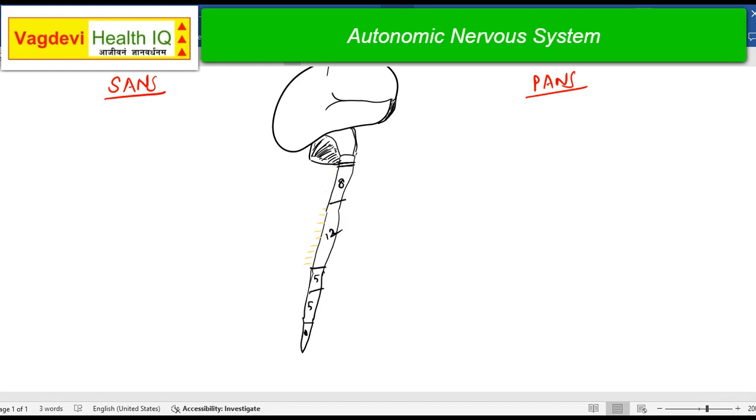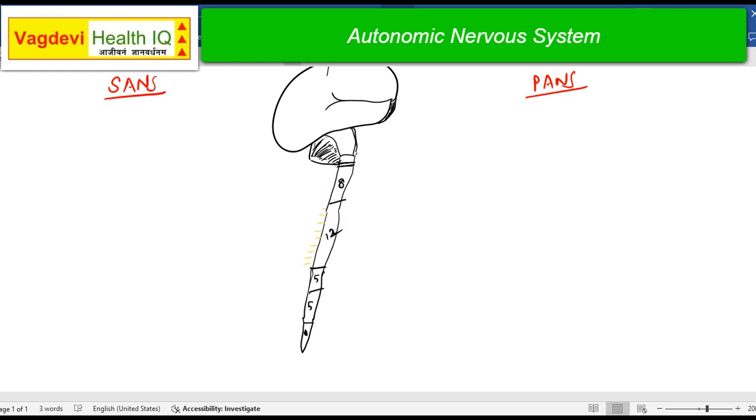Sympathetic increases the heart rate and increases the blood pressure. It sends blood from the skin and viscera to the skeletal muscles, because you need to run. I gave you the example of how a cheetah runs, or how you will run when you get scared.